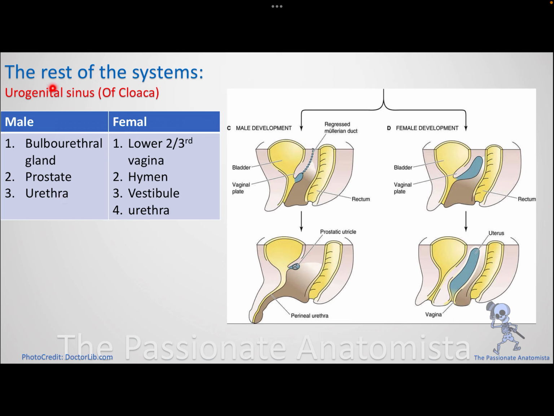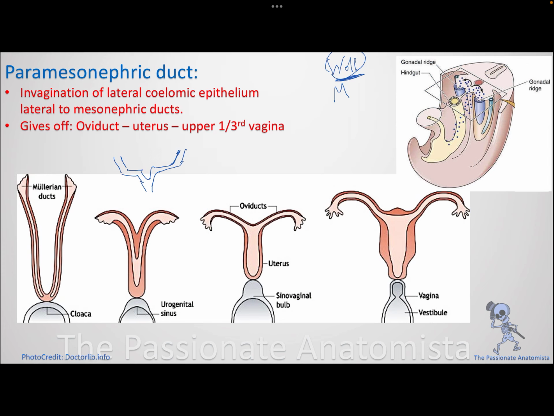As you look at this picture, the anal part or the rectal part doesn't concern me. The bladder also doesn't concern me. What concerns me is the definitive urogenital sinus that will come from down here. Can you see? It will come from here, the urogenital sinus, to meet the paramesonephric duct fusion and formation, to give you the lower 2/3 of the vagina, the vestibule, the hymen, and the urethra in female.